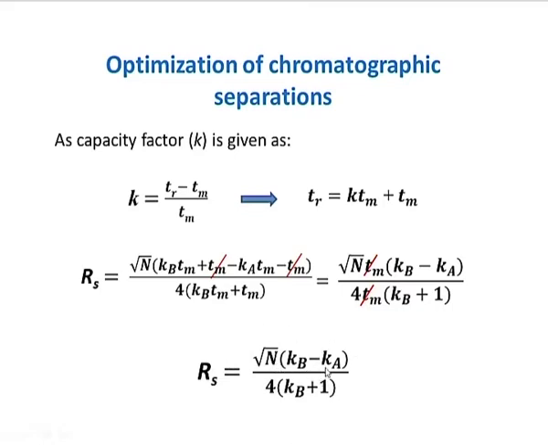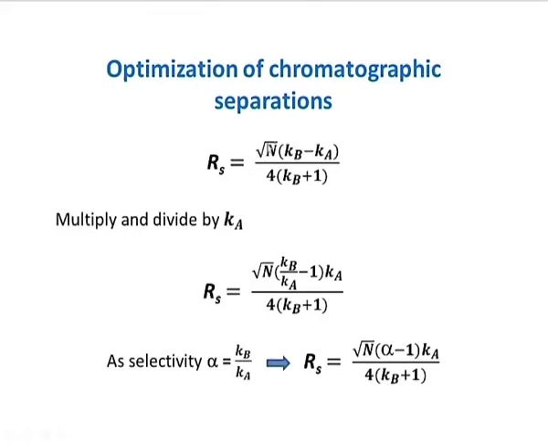So, now we have two very important parameters on which resolution depends: the number of plates, and also the capacity factor. Now, we are left with the third important term on which resolution depends, and that term is selectivity.